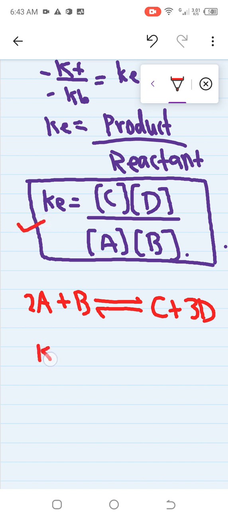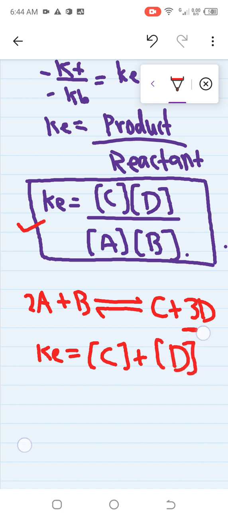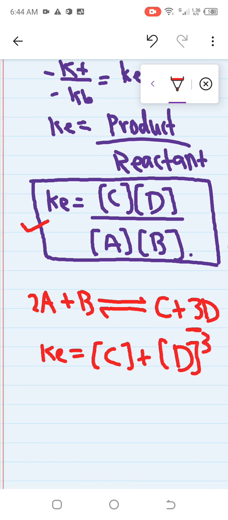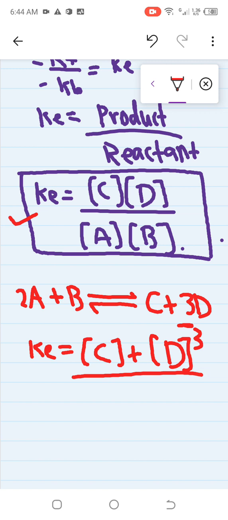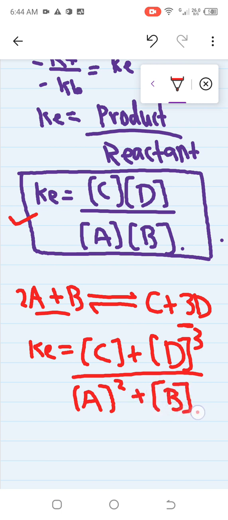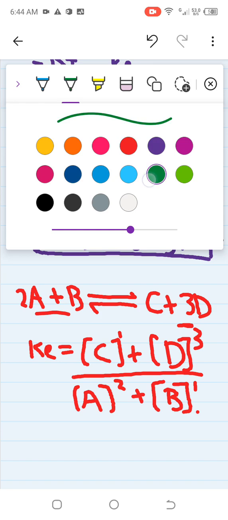Ke will be equal to the concentration of product first, this means C, times the concentration of D with 3. These coefficients will go as powers. The coefficient will go as a power. Again here we have A, the coefficient 2 will go as a power, times B, here we have 1. This is how you can make the law of mass action equation of any reaction.